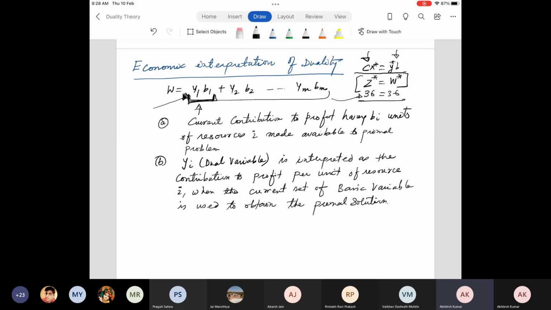Now you want to understand how the machine which you have purchased is contributing towards your profit, because products are being made on the machine only. So in this case, we are talking in terms of hours. Let's say plant 1 has 4 hours. So how does 1 hour I use in plant 1 contribute towards my profit? That's what we are trying to understand, which we call the resource valuation problem.